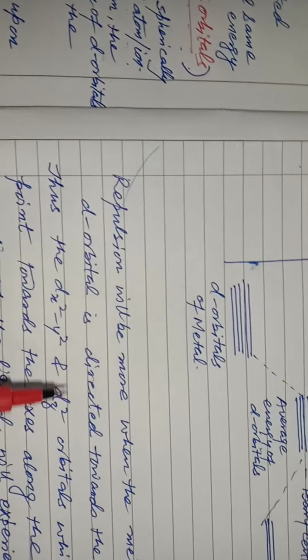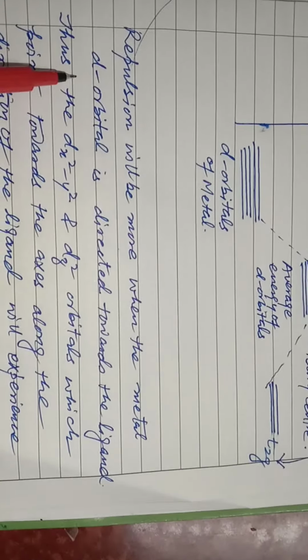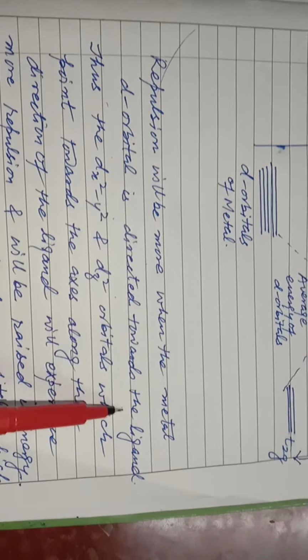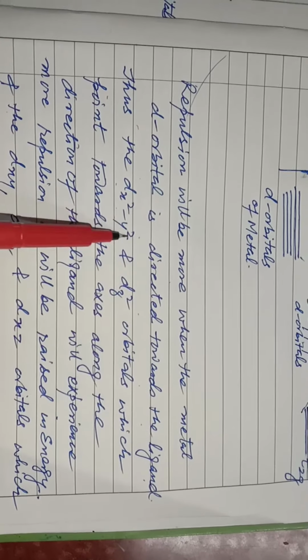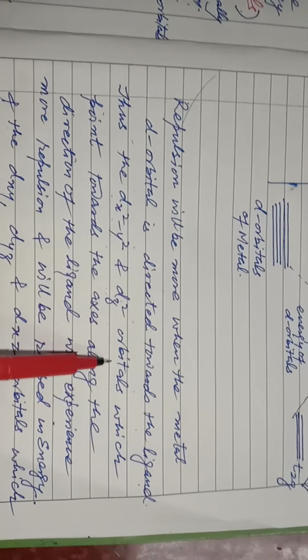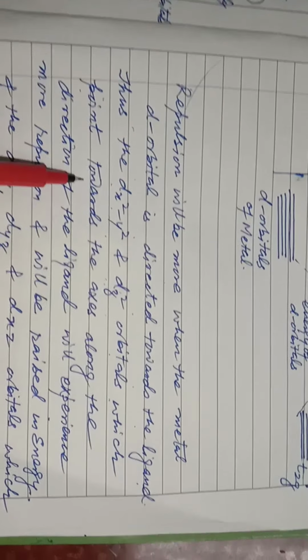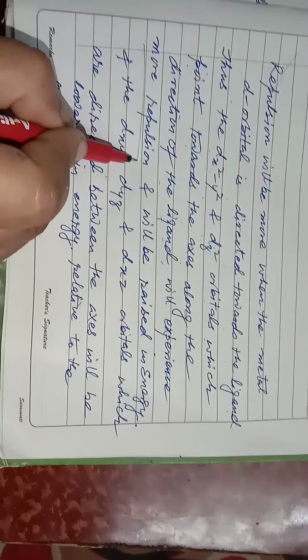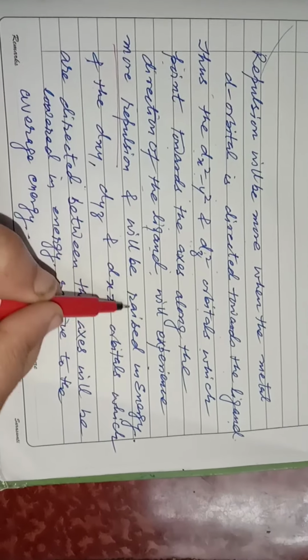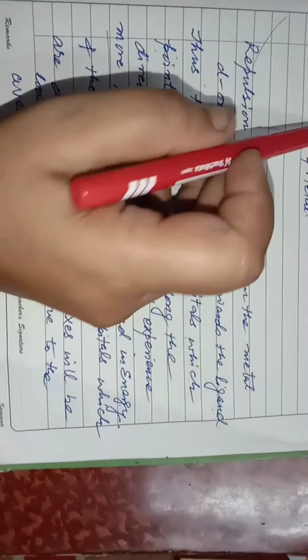This repulsion will be more when the metal d orbital is directed towards the ligand. Thus, the dx square minus y square and dz square orbitals which point towards the axis along the direction of the ligand will experience more repulsion and will be raised in energy, as I have shown in this figure.